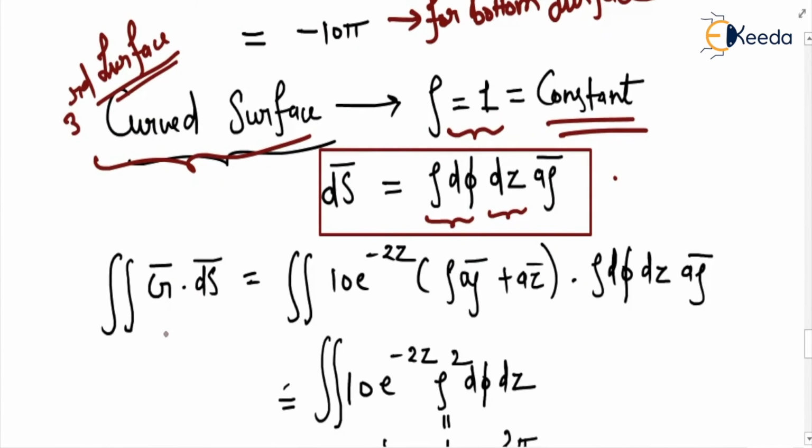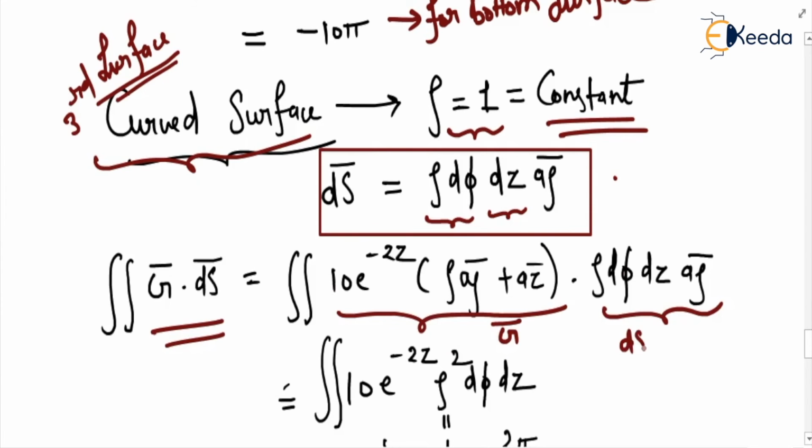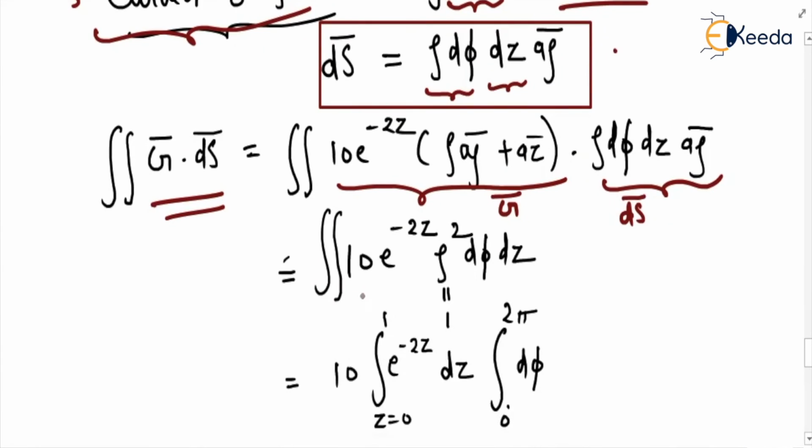So z vector dot ds vector will be equal to this, which is completely the z vector that is given, and this is the ds vector. When we take the dot product, it will come as tan e to the power minus 2z rho square d phi dz, but rho is constant, because for the curved surface rho is equal to 1.